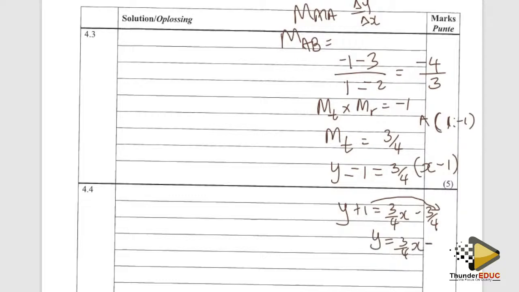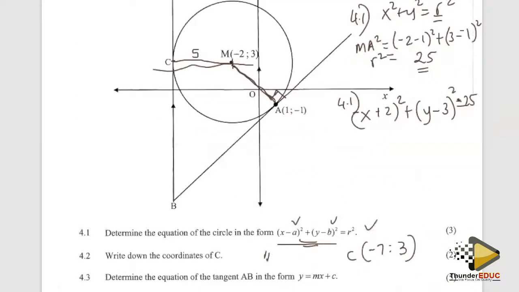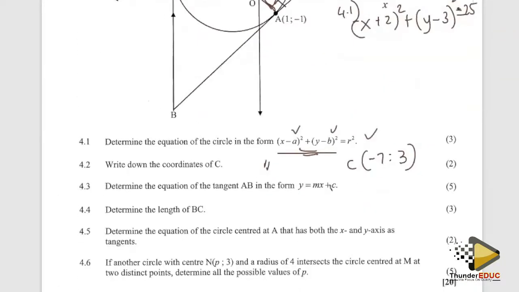Let's see, I'm getting 7 over 4, so minus 7 over 4. So that becomes the equation. Let's go back: 3 over 4 minus 7 over 4. So we're saying y is 3 over 4 x minus 7 over 4.